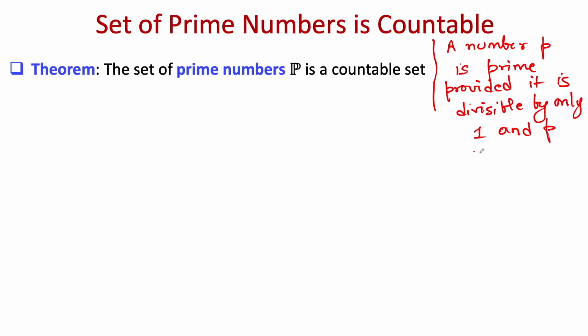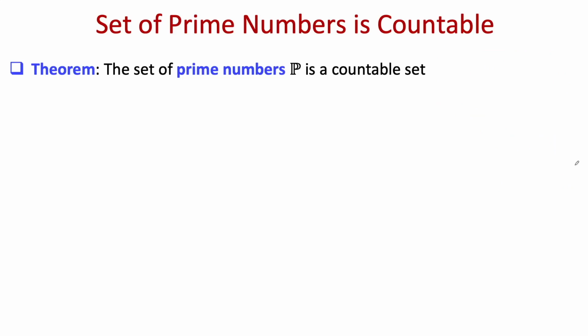So if you take say 2, 3, 5, 7, they are all prime numbers. Whereas if you take numbers like 4, 9, 15, they are not prime numbers, because divisors of 4 are 2, divisors of 9 are 3, divisors of 15 are 3 and 5, and so on. So my claim is that the set of prime numbers is a countable set.